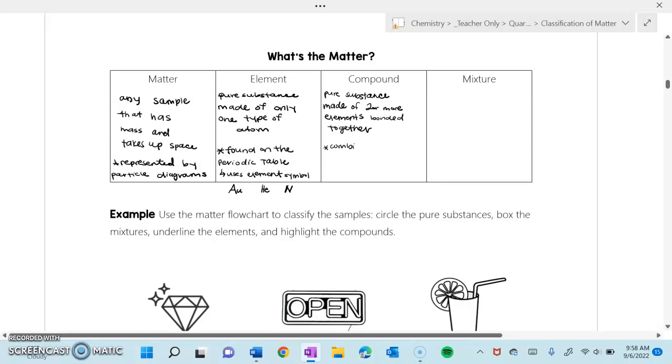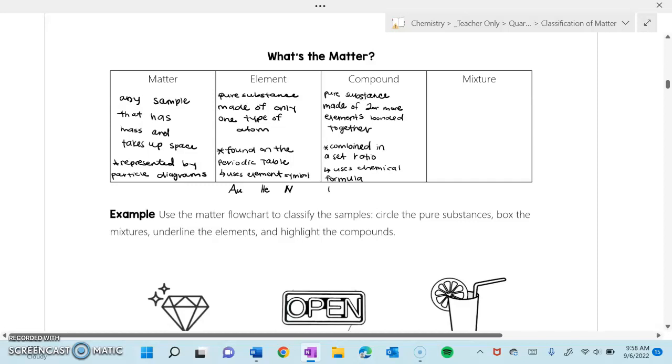A chemical formula uses our element symbols, but then puts them together in a set ratio. So for example, water, instead of element symbols, we're using chemical formulas for compounds.